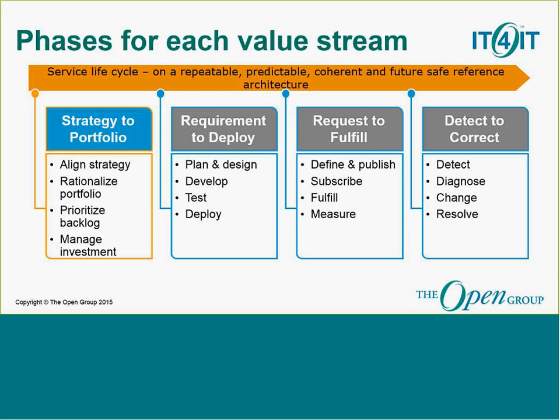So, looking at the value chain again, in order the value streams, very briefly: strategy to portfolio is all focused on planning. So it's about defining the objectives for service and aligning them to the business strategy and various IT roadmaps, and optimizing the portfolio of services that IT offers the business.